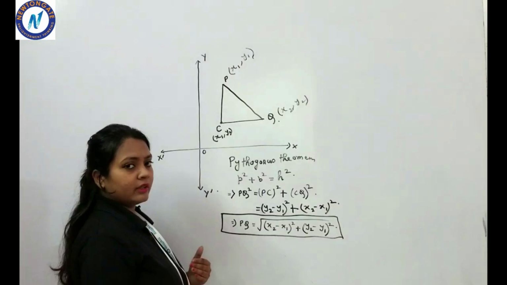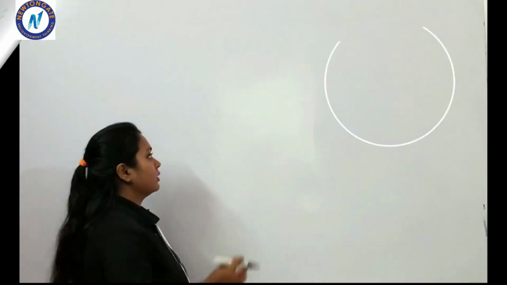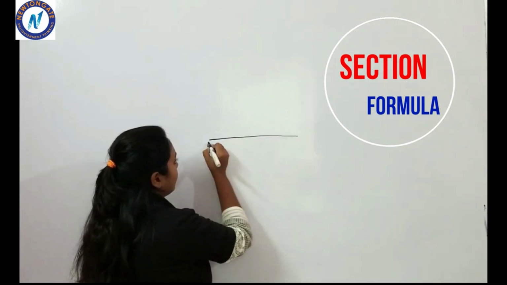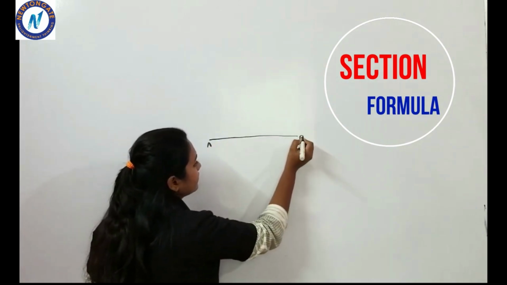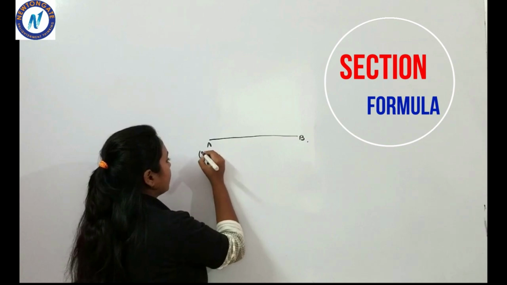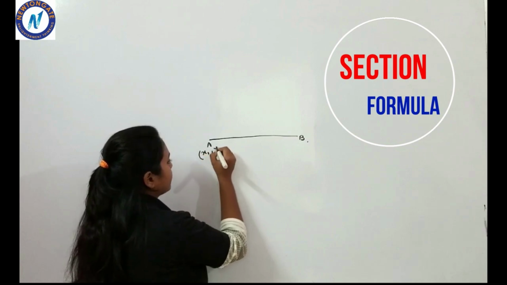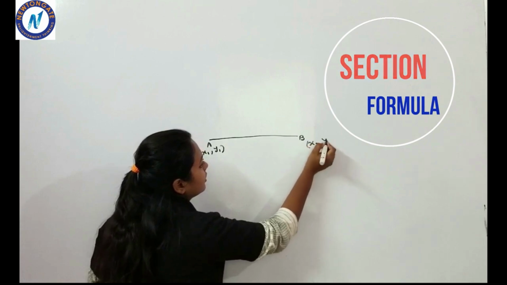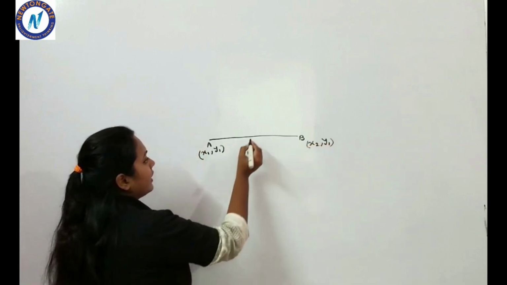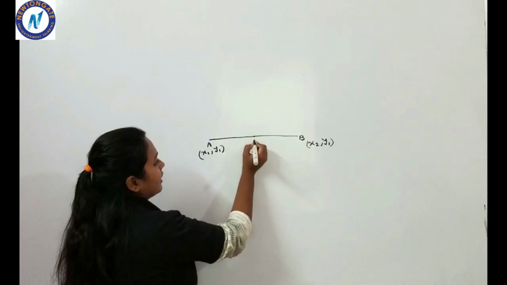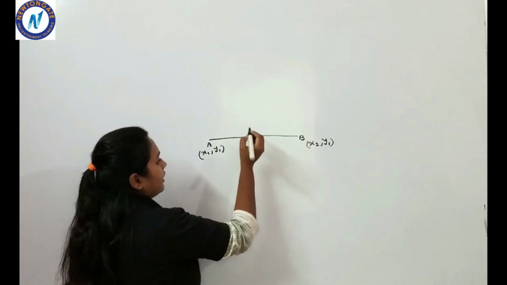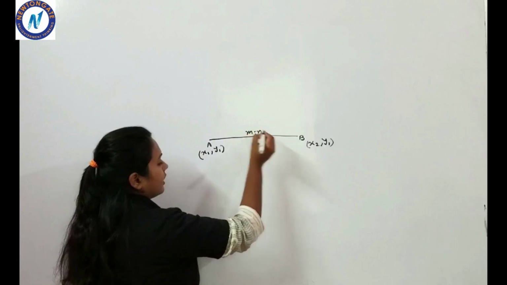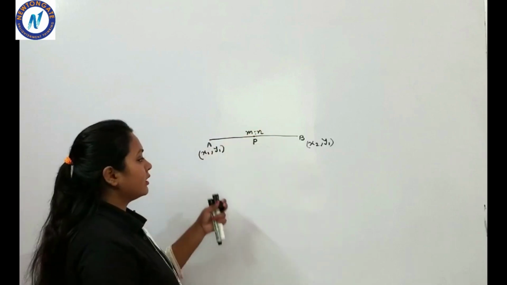Now we move to our next point, the section formula. This formula is also very important. Let's look. There is a line AB. Here is the point A and here is the point B. The coordinate of point A is x1, y1 and of point B is x2, y2. A point P divides this line segment internally in the ratio m is to n. Then what is the coordinate of the point P?